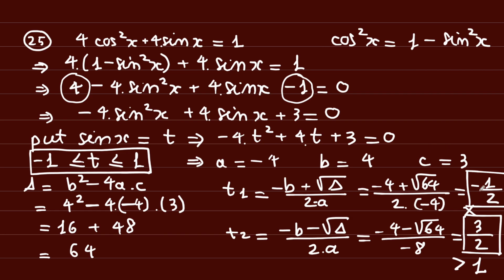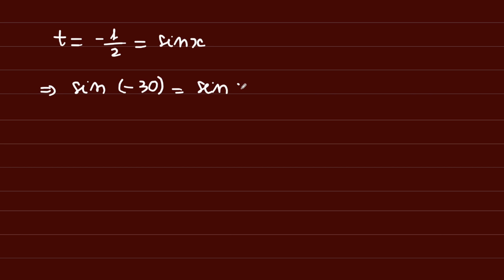We need to solve that equation. About t equal to minus 1 over 2 equal to sin h, we only accept this solution. This will become sin of minus 30 degree equal to sin h like this. And then the first general solution will be, sorry, this is degree, minus 30 degree plus 360 degree multiply n.